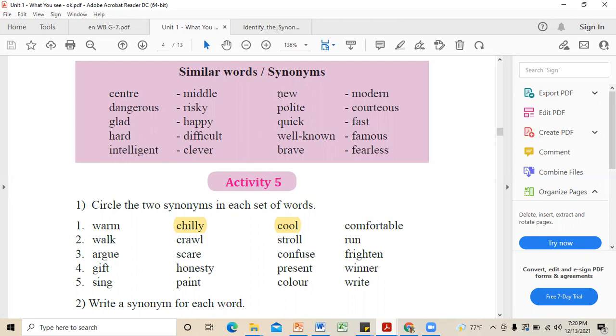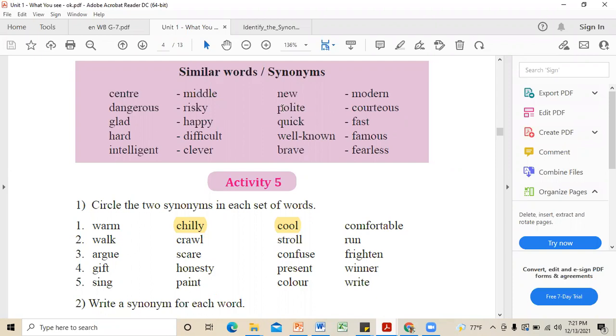And then we have the words new and modern. New means something which we get now, which we did not have. Let's say we are building a new house, so it is something new. Or else we can say we are having a modern house.